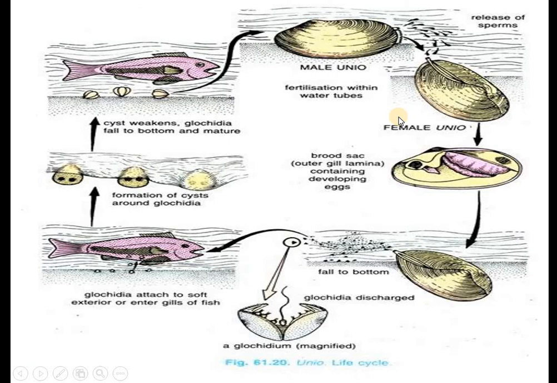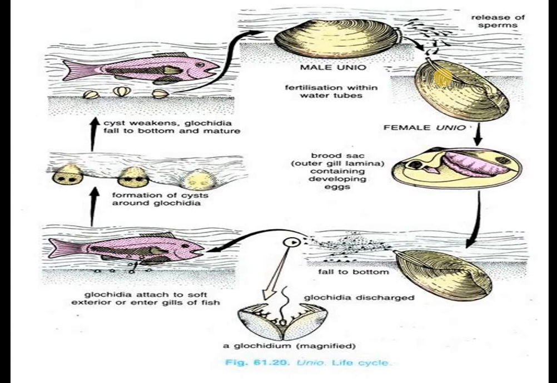So this is the life cycle of Unio. See what's happening, this is in a nutshell. The slide shows the male Unio, the freshwater mussel, releasing sperms through the excurrent siphon. The sperms reach the female through the water currents, and in the female there are the water tubes in the gill lamina, and here the eggs are there.